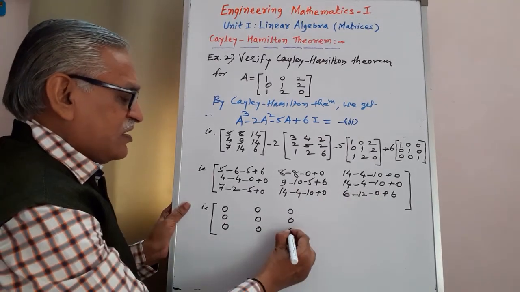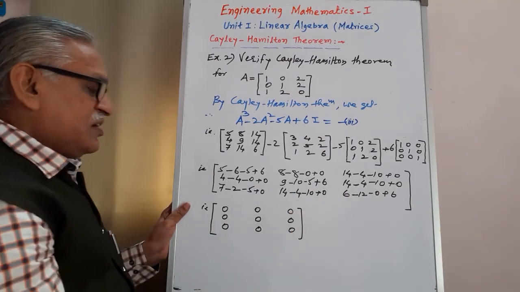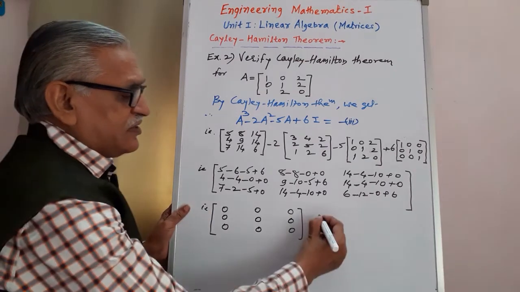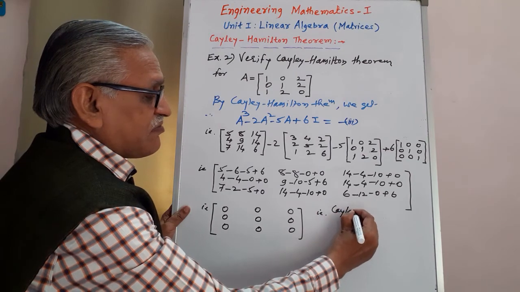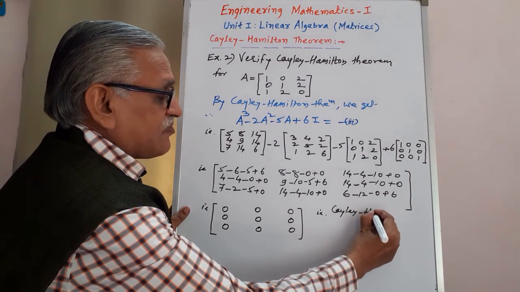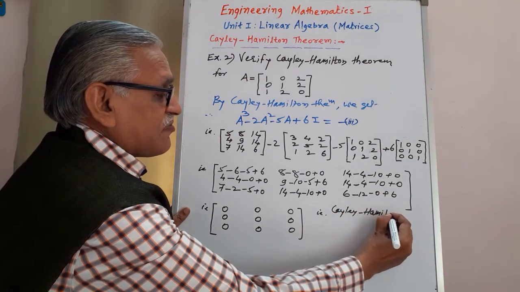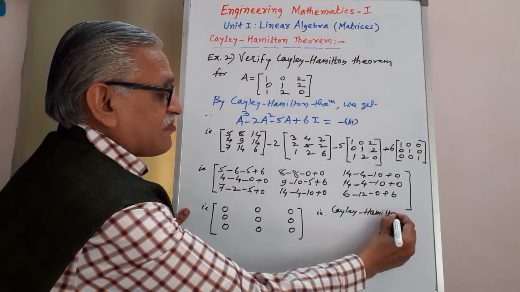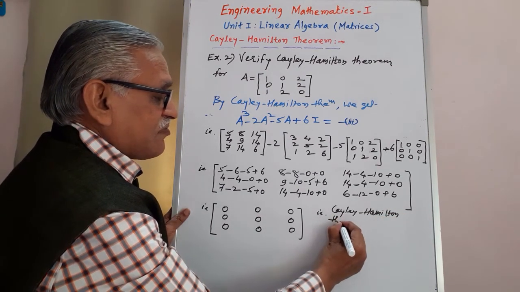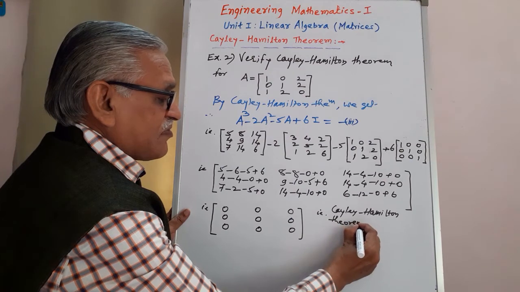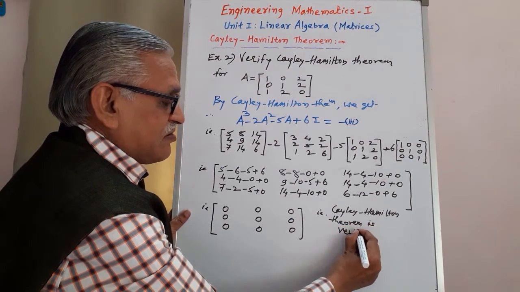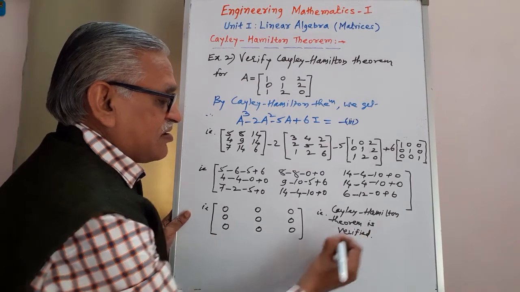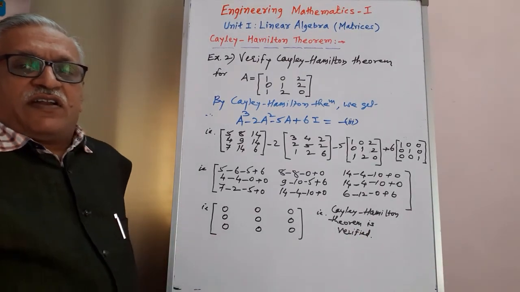And 12 minus 12, we get 0. And as we get a null matrix, that Cayley-Hamilton theorem is verified.